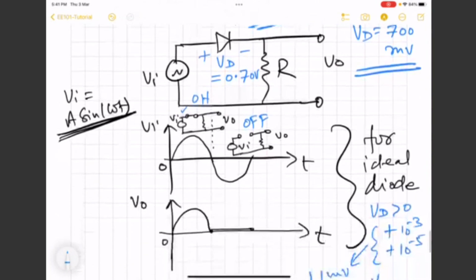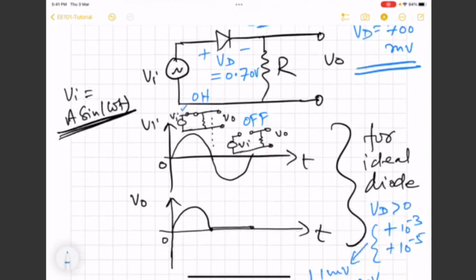So now you can see that this circuit, the rectifier circuit, is not going to work if we have a signal like this, say 0.3 sine omega t.